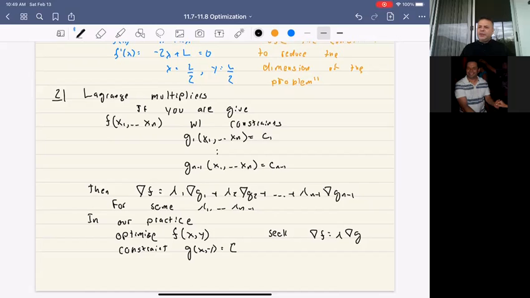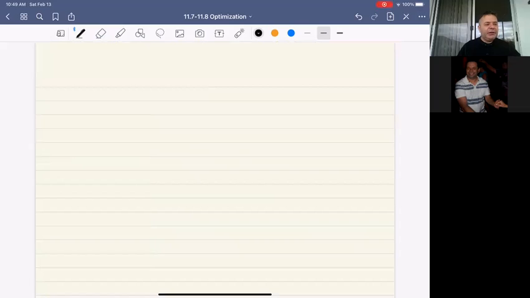So let's do this for this exact problem that we just had. I'm going to go to another page here. Let's revisit that problem.